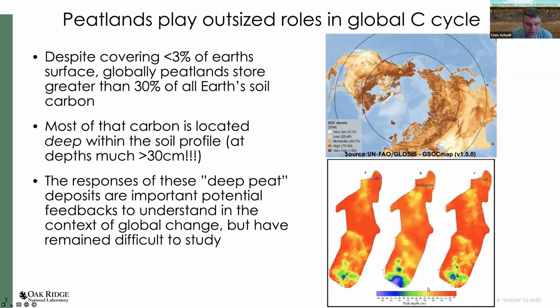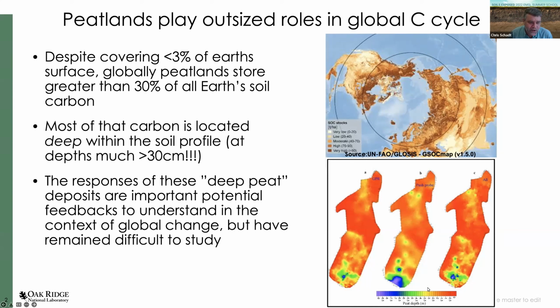Most of that carbon in these peatland systems is often located very deep relative to the surface. So we often think a lot of soil science is done in the top 20 centimeters or foot of soil, that is the plow layer traditionally. These are often very deep, rich organic soils all the way to depths of meters or more.